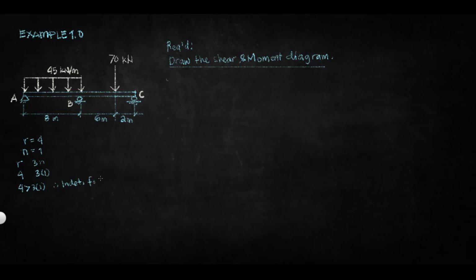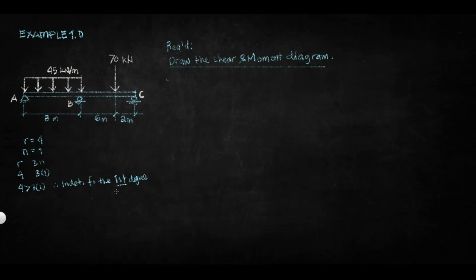Ilang degree? To the first degree. Okay? So, as you can see here, first degree, indeterminate po siya. And then, sasabihin ko na lang din na the number of equation that we're going to use is equal to the number of degree.